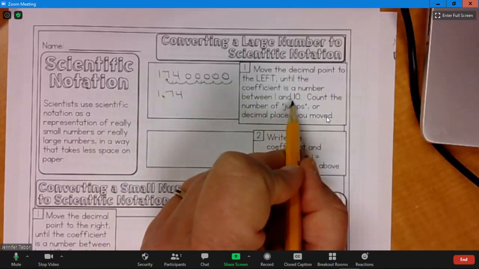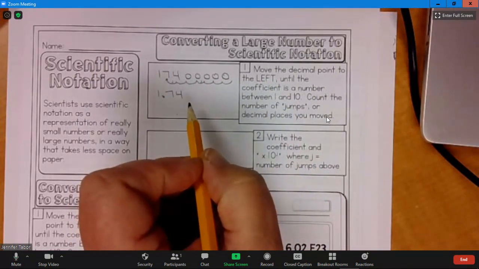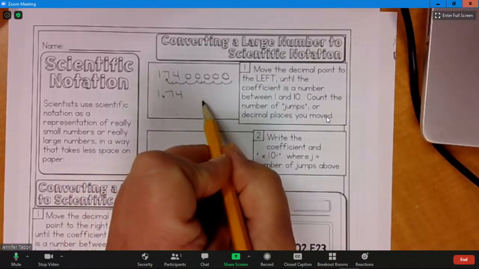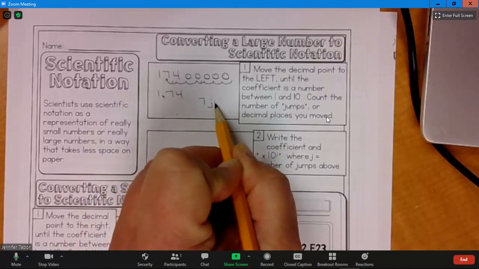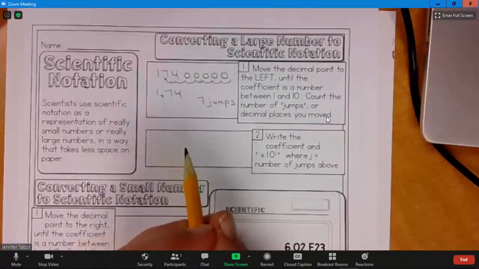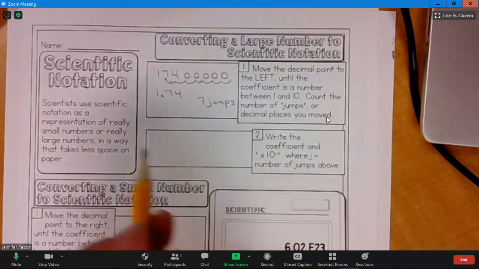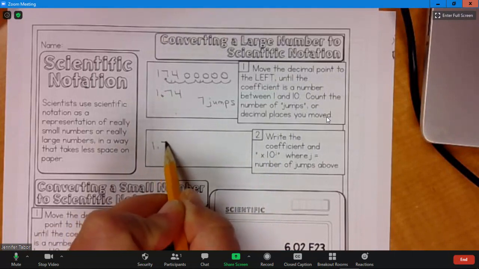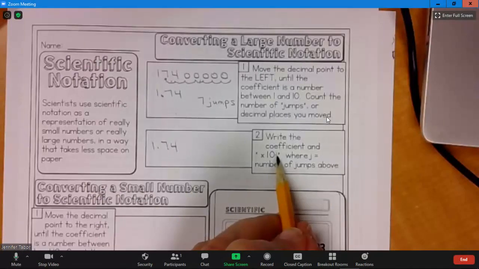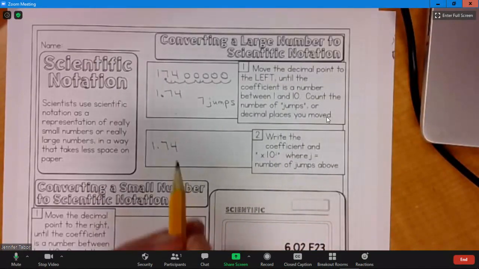Now, with my decimal point there, my number is 1.74. So just like it said in the instructions, a number between 1 and 10, right? So that's the number I have, and I made 7 jumps to get there. So now we come down here to step 2. We write that coefficient number, 1.74, and then we write times 10 to the j power, where j is equal to the number of jumps.